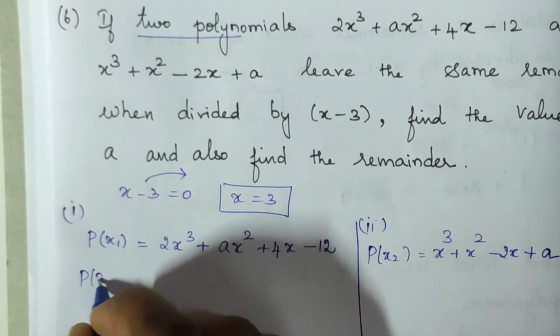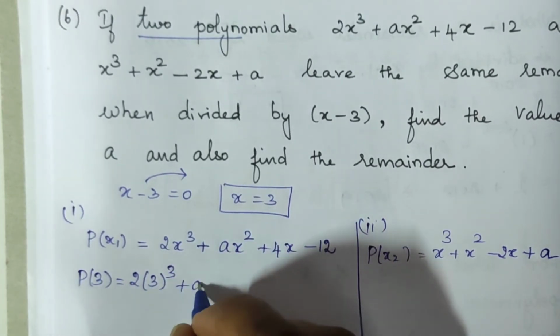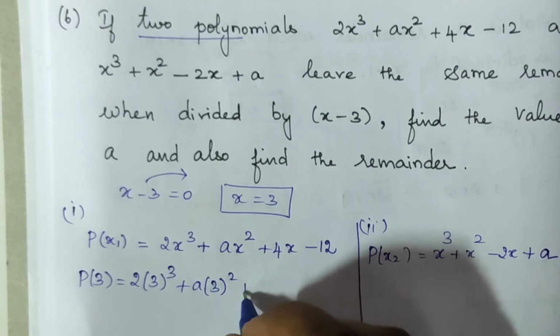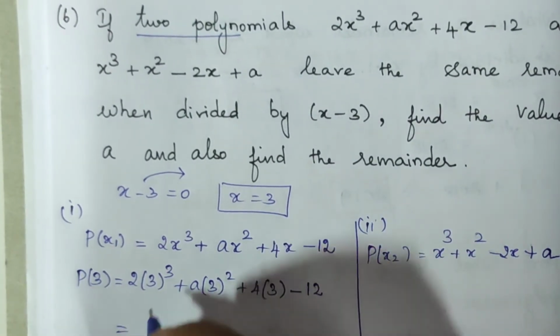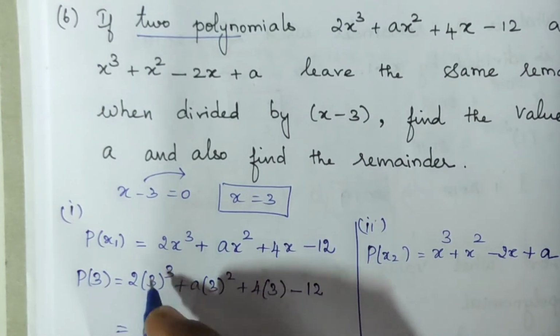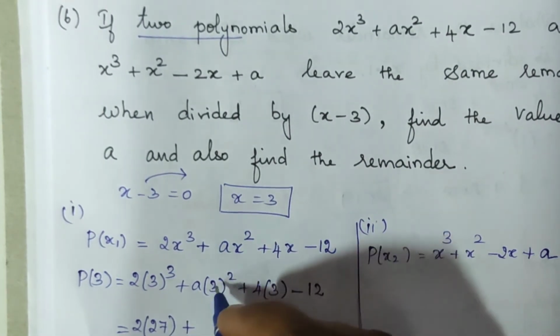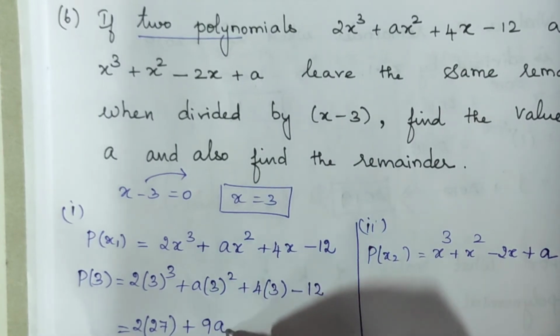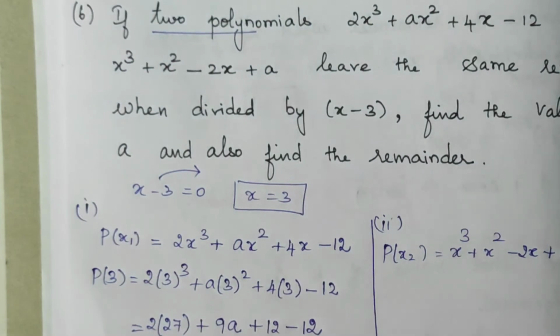So p of 3 is equal to 2 into 3 cube plus a into 3 square plus 4 into 3 minus 12. Okay, so 3 3s are 9, 9 3s are 27. So 2 into 27 plus 3 3s are 9, 9a plus 4 3s are 12 minus 12.